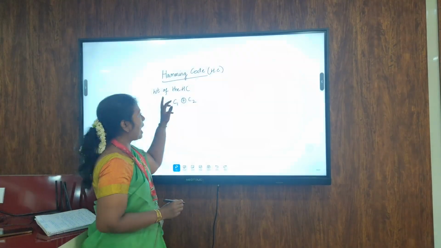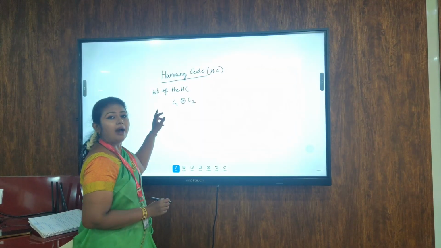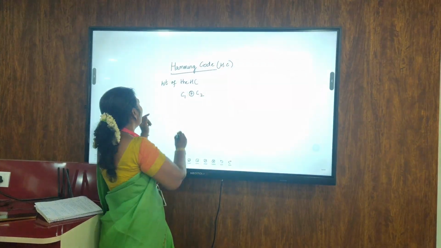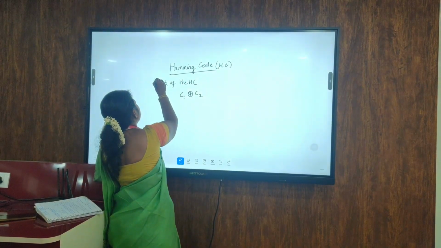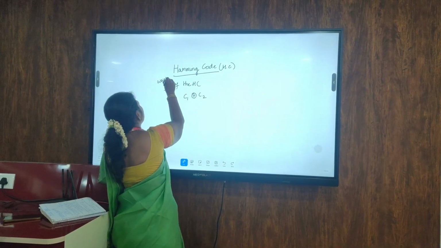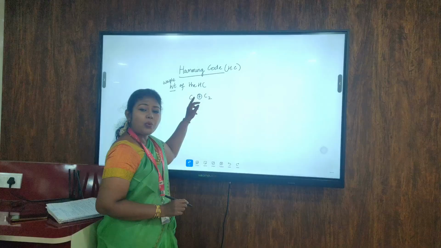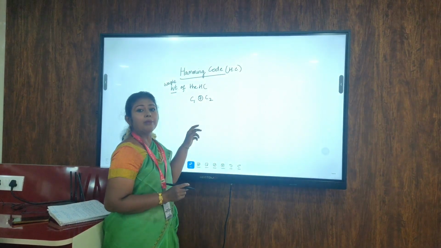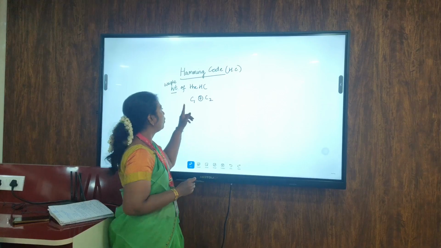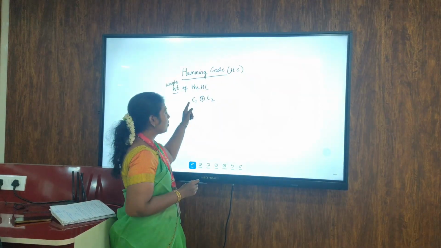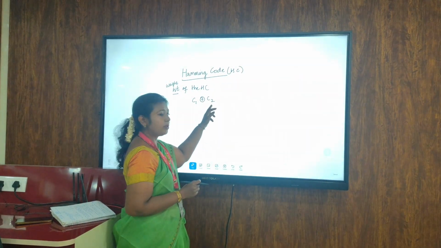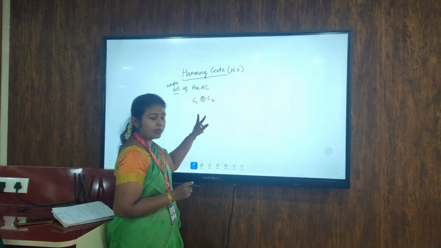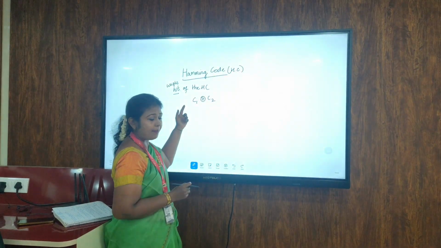When we talk about Hamming code, the first topic is the weight of the Hamming code. This weight is obtained by doing modulo 2 addition of two different codes. Let us consider code C1 and another code C2. When we do modulo 2 addition of these two codes, we can find the weight of the Hamming code.